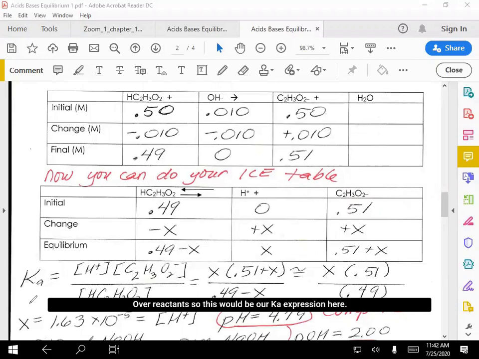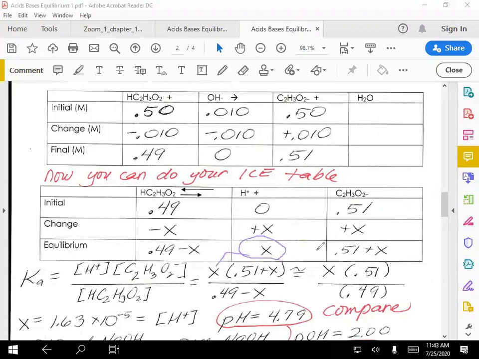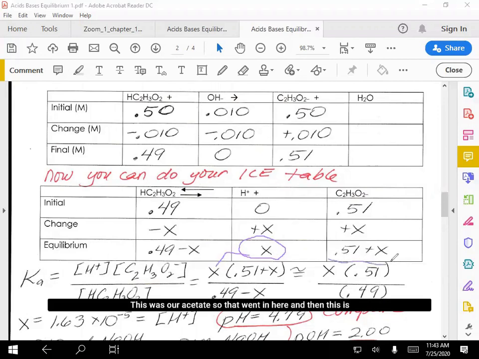So this would be our Ka expression here. And then this is our hydrogen ion, so that went in here. This was our acetate, so that went in here. And then this is our acetic acid, and that went in here.